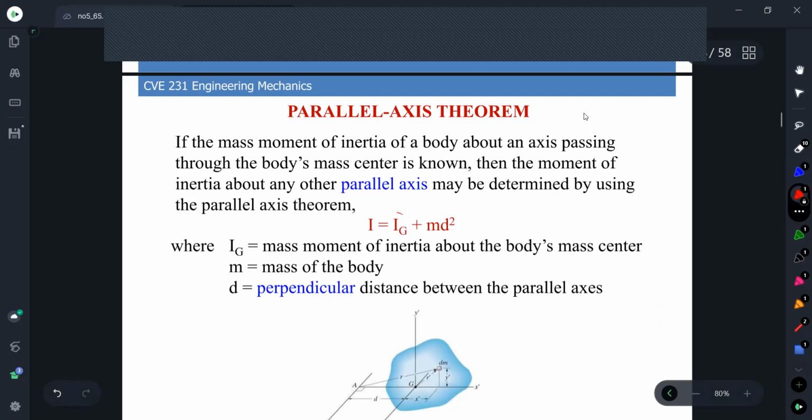We start with the mass moment of inertia about the body's mass center, and transfer the axis from the center of mass.